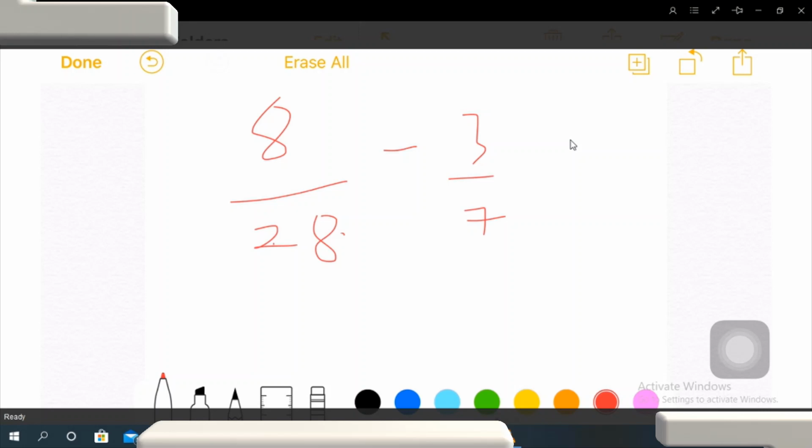As we said, finding the LCM. You know from your multiplication table that 7 1s are 7, 7 2s are 14, 7 3s are 21, 7 4s are 28. So our LCM here can be 28.